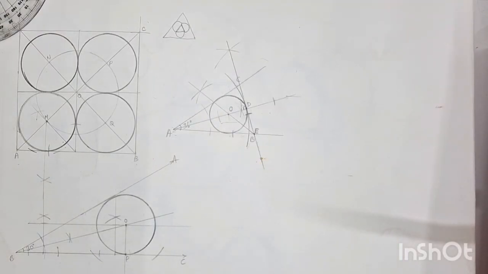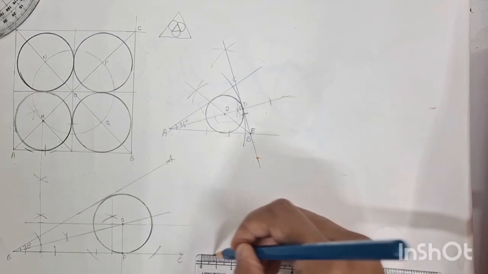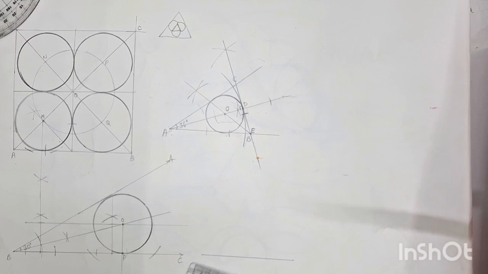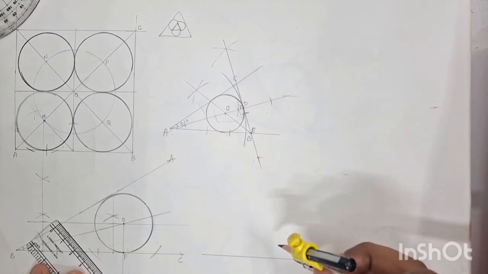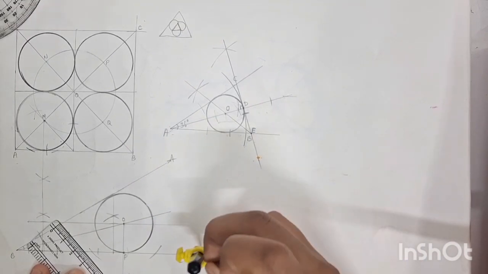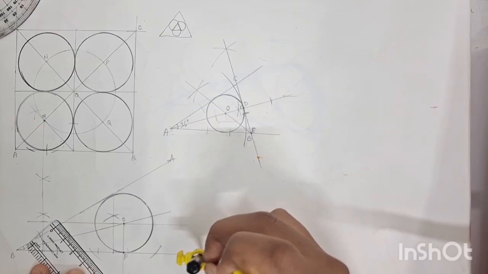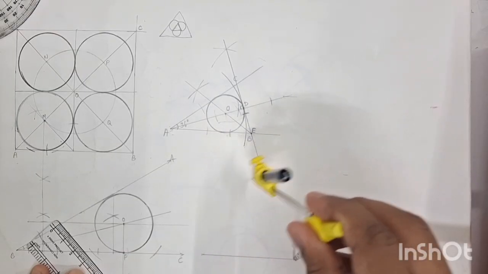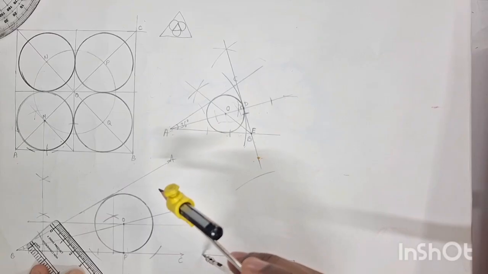So first let's make an equilateral triangle, and I hope by now you know how to make an equilateral triangle. So they have given one side of the equilateral triangle to be 6 centimeter. So I'm making the base of the triangle and then taking a radius of 6 centimeter in the compass.